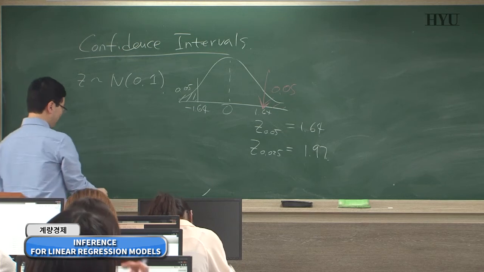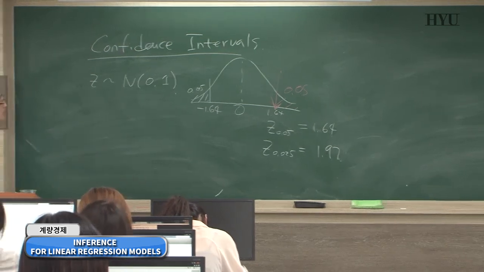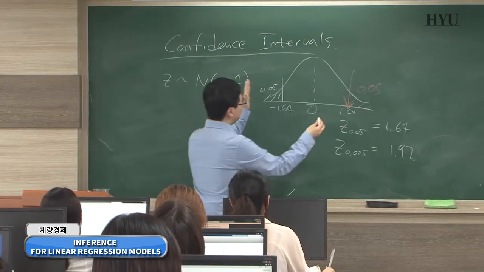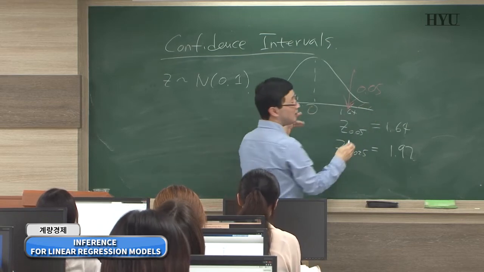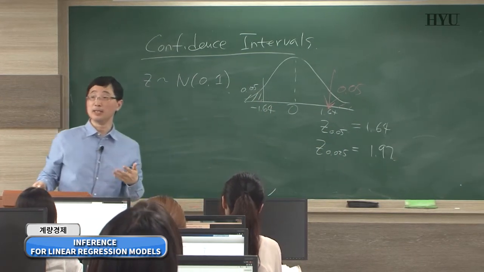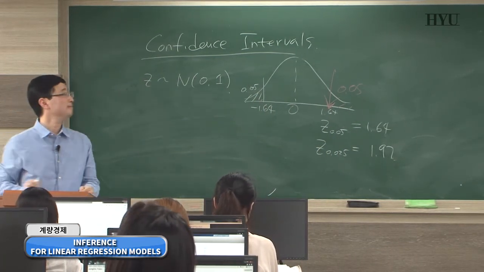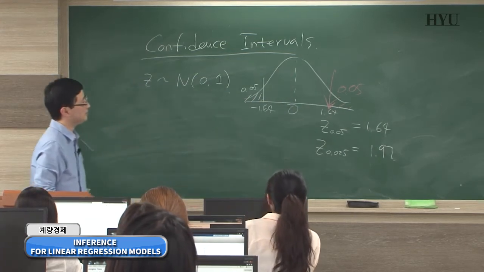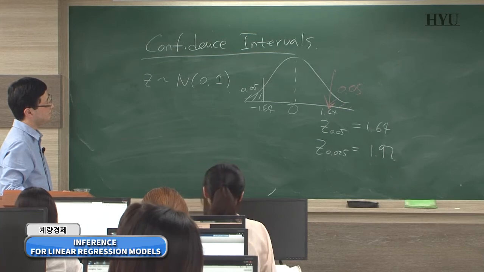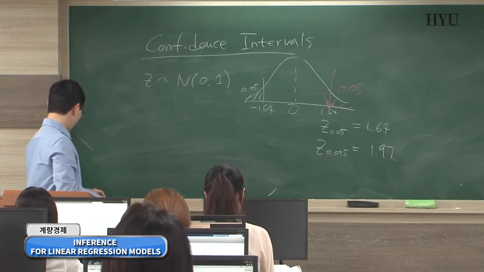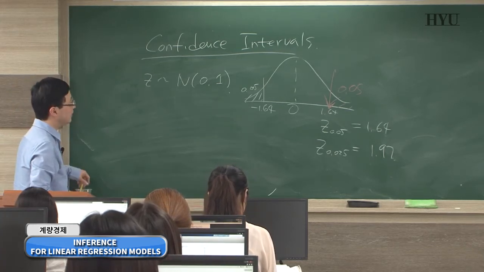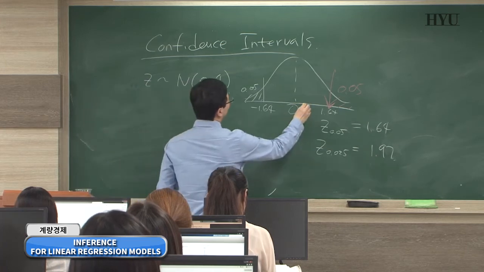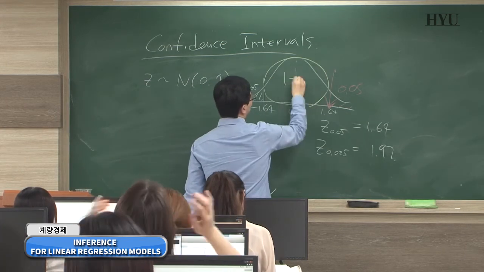So sometimes we write something like this. The probability in the tail is the probability of having an extreme outcome, right? The probability in the middle is the opposite. So we assign most of the probability to the middle, like 1 minus alpha.